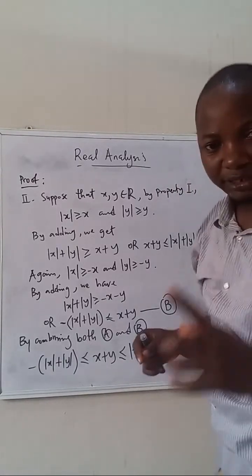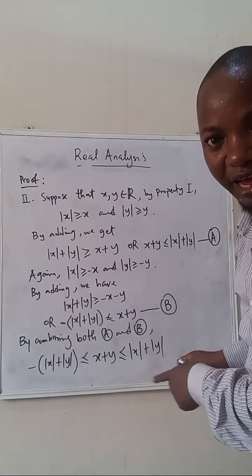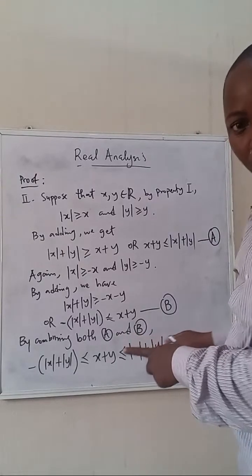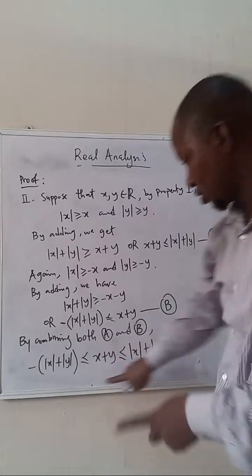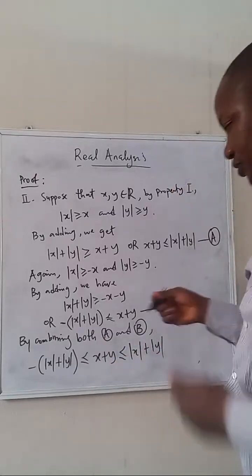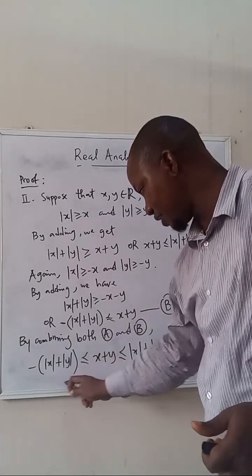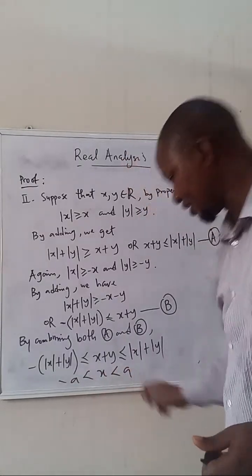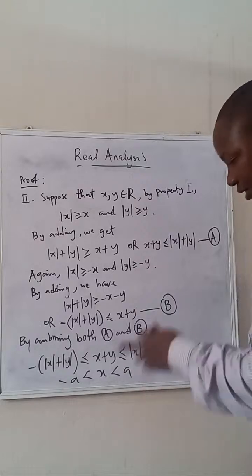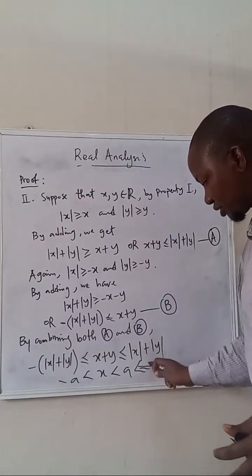Okay, this now looks like what we had earlier, in one of the examples, where we said that minus a is less than x is less than a. And there we said this gives what?